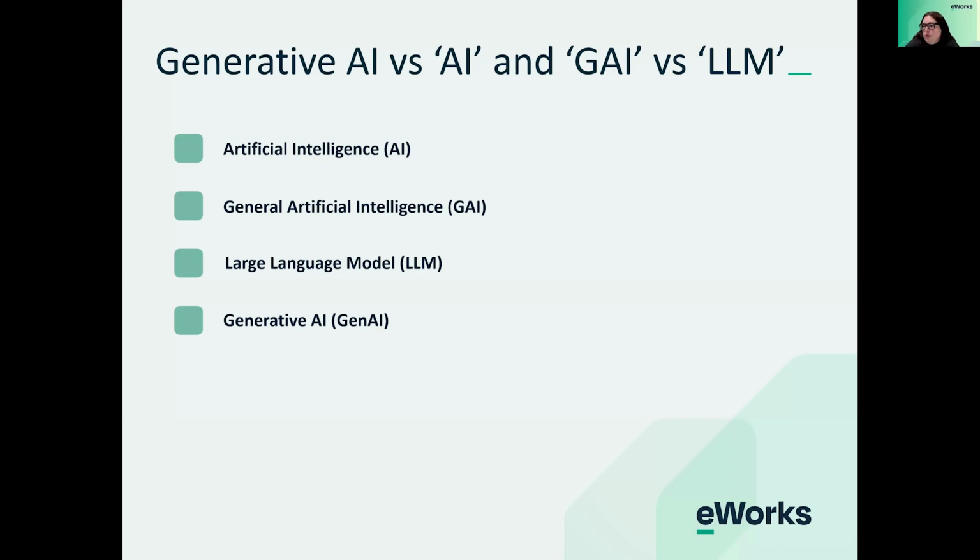So we'll start with artificial intelligence. It's just a catch-all word for the ability of computers to simulate human problem-solving abilities and intelligences. So basically, artificial intelligence is anytime a computer simulates any human skill.